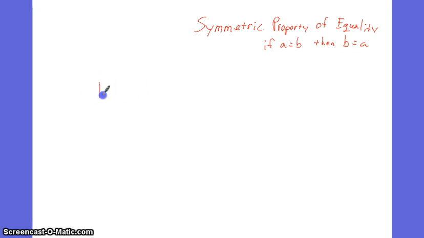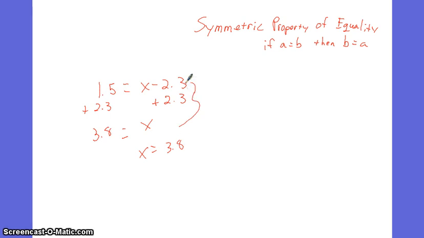An example of that is 1.5 equals x minus 2.3. Okay, I will solve this problem just like I did before. I'm subtracting, I want to isolate my variable, so I'm going to do the inverse and add. I get this. Now the symmetric property tells me I can flip this around to write x equals 3.8. And by the way, I could do that at any other step there.